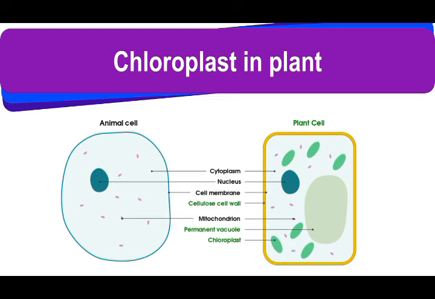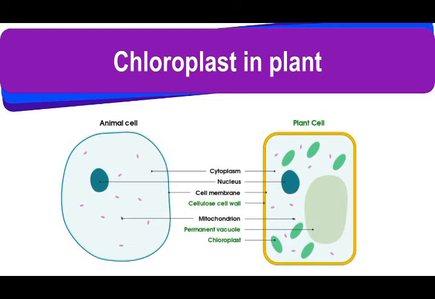Actually, if we talk about the plant cell, it's not only the leaf cell but also all the other cells, while the plant cells that contain chloroplasts are not all of them. It's only the plant cells, especially the leaf cells, that contain chloroplasts.